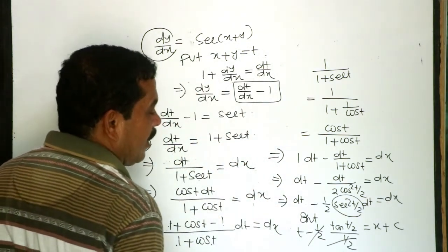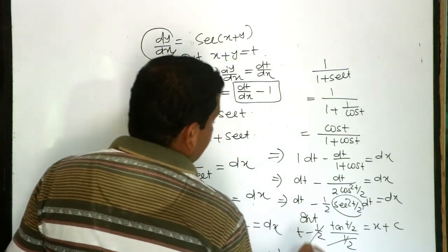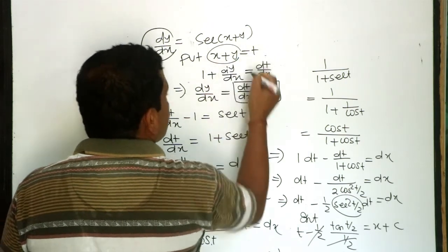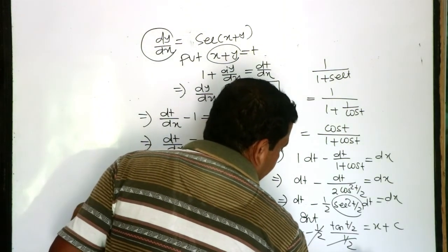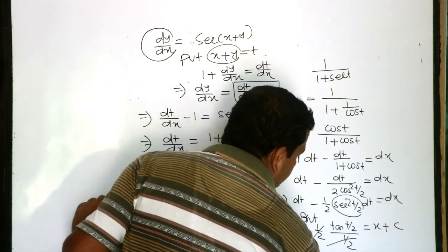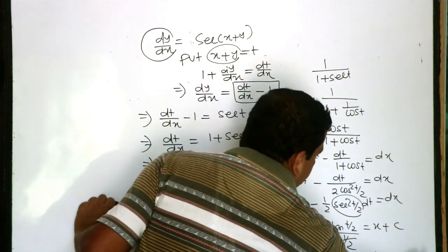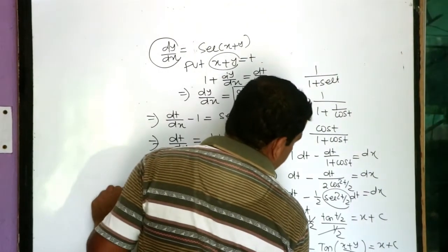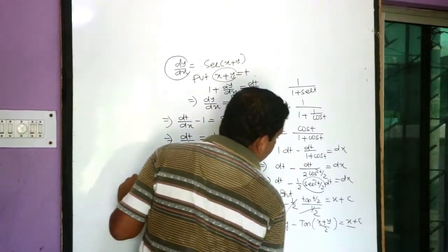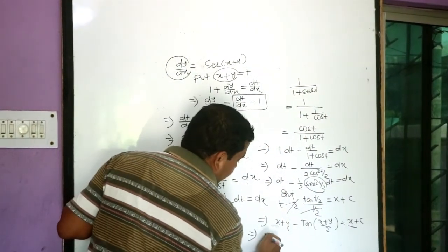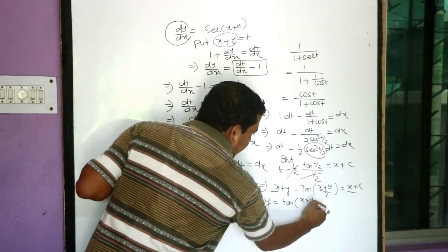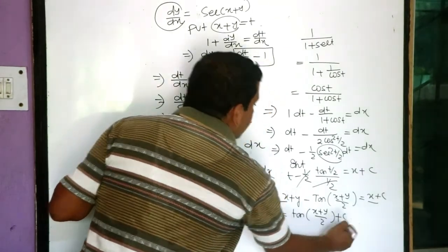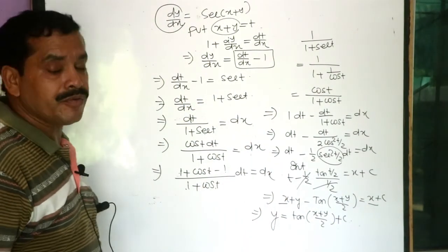Cancelling half and half, with t meaning x + y, we have x + y − tan((x + y)/2) = x + c. Since x appears on both sides, the answer is y = tan((x + y)/2) + c. This is the solution for this differential equation.